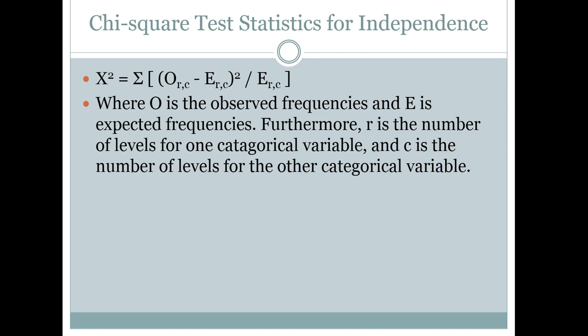You square that, and then you divide it by the expected frequency, in a similar fashion considering the number of levels for one categorical variable, represented by R, and the number of levels for the other categorical variable, represented by letter C.